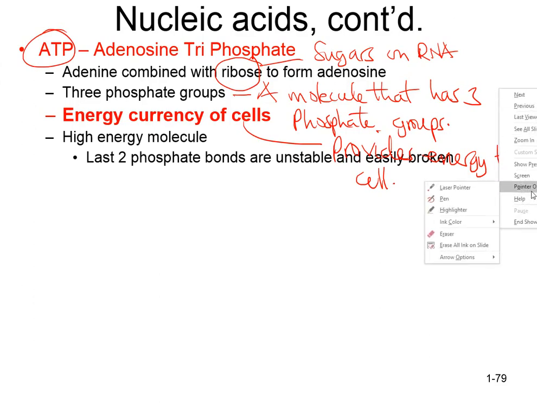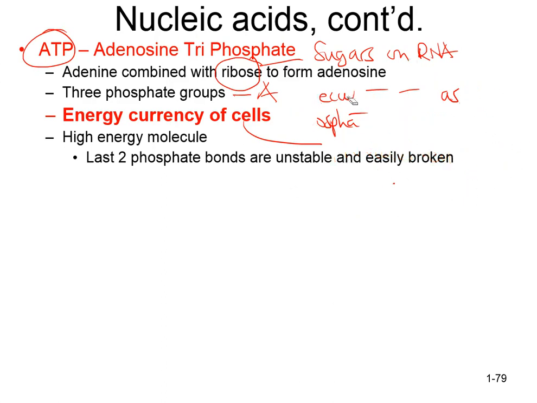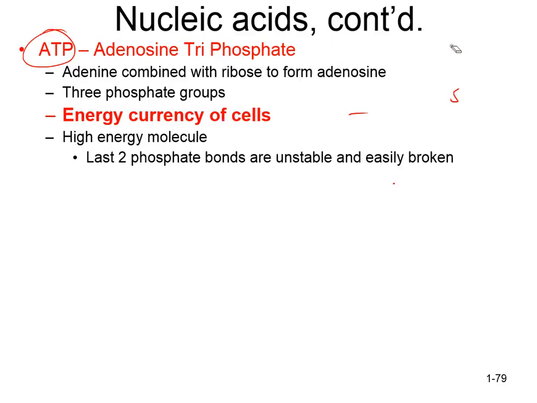Why is it a high energy molecule? The reason ATP is a high energy molecule is because of the 3 phosphate molecules, 2 of them are easy to break. Therefore, as they break, there is energy that is involved.